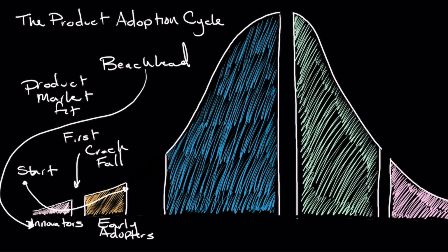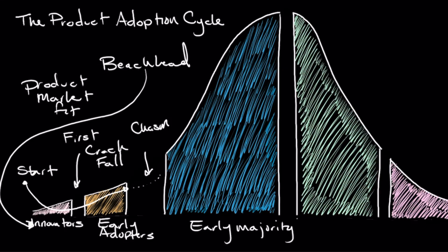Now, going back to the product adoption cycle, this here is what we call the chasm. And in Geoffrey Moore's book, he talks a lot about crossing the chasm, which is this divide that takes place between the early adopters and the early majority.